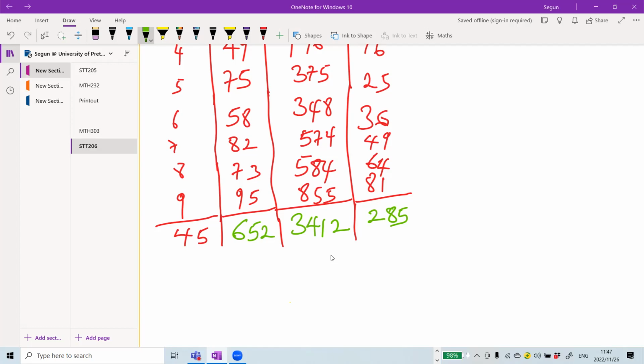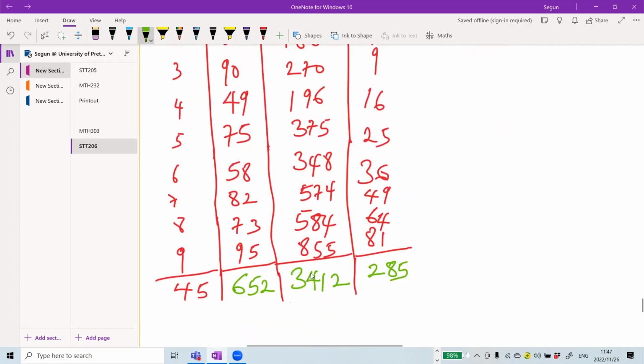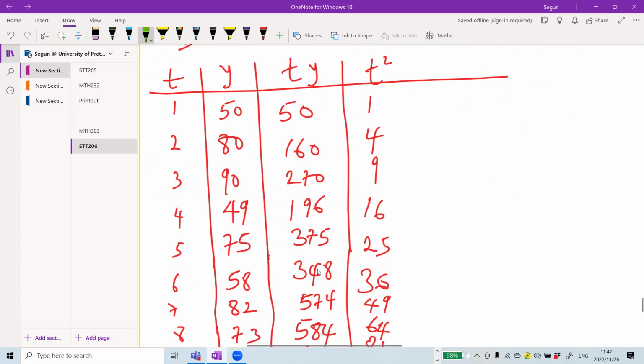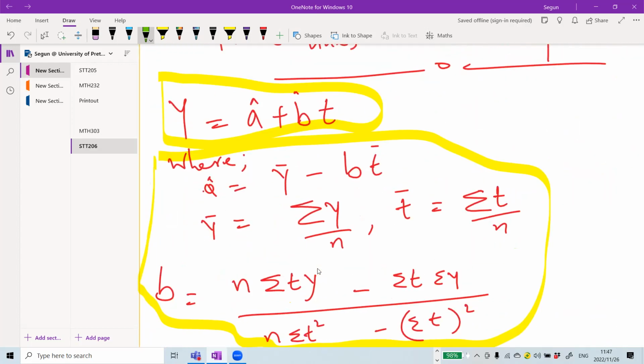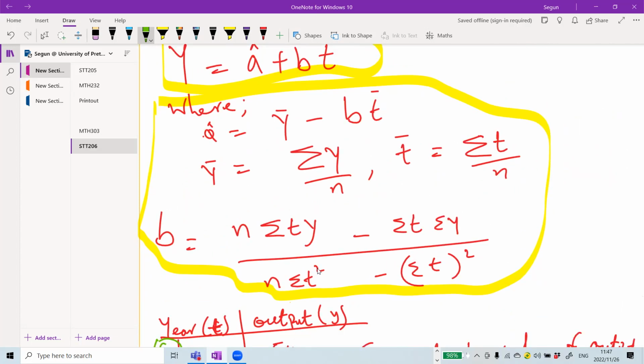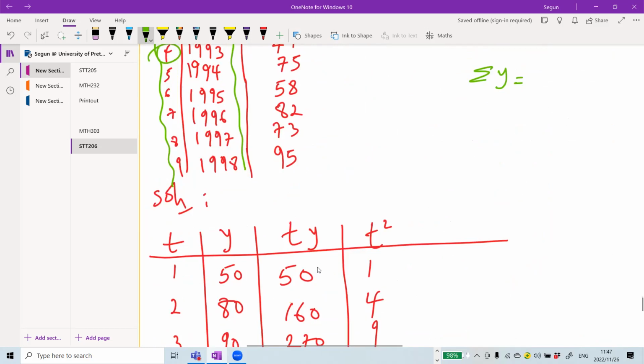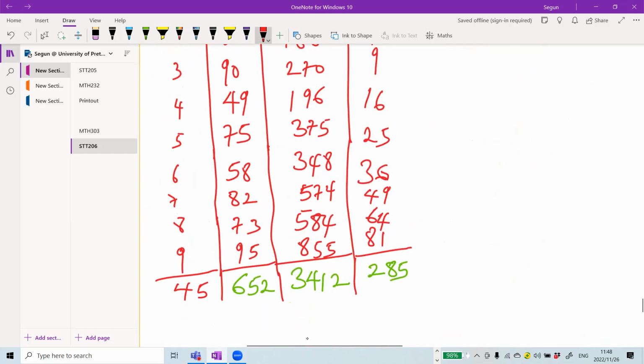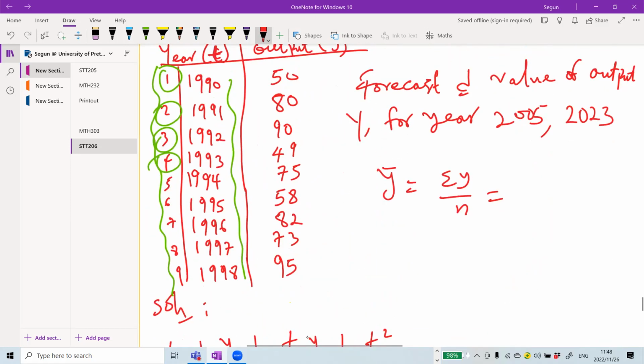Okay. Now let's go back to our formula. Now that we have this, let's write the formula down gradually. So we need Y bar and T bar. For Y bar, our Y bar is equal to summation Y over N. What is summation Y, please? 652. 652 divided by 9.